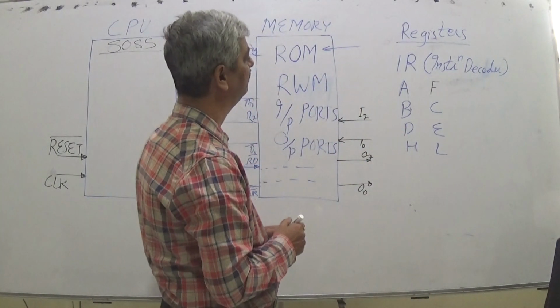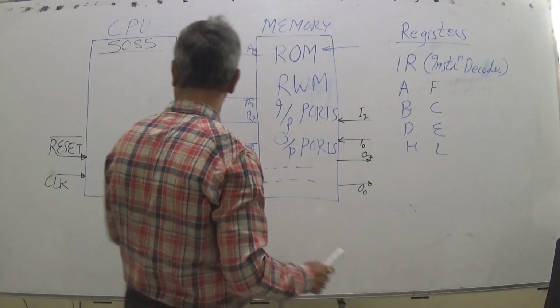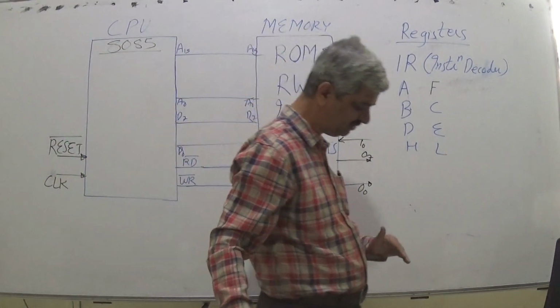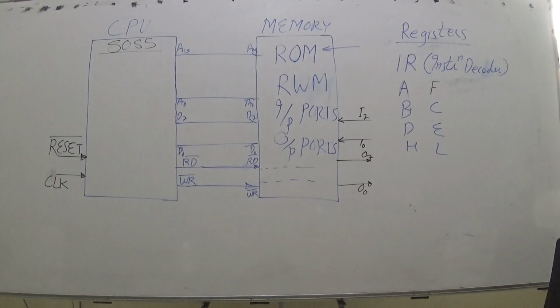Now, what should the microprocessor do after you reset it? So reset bar means reset bar is made 0 and then it is made 1. So the microprocessor starts functioning. When the microprocessor starts functioning, what should it do?